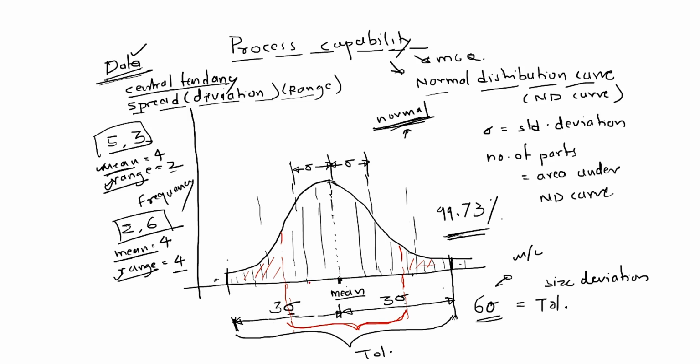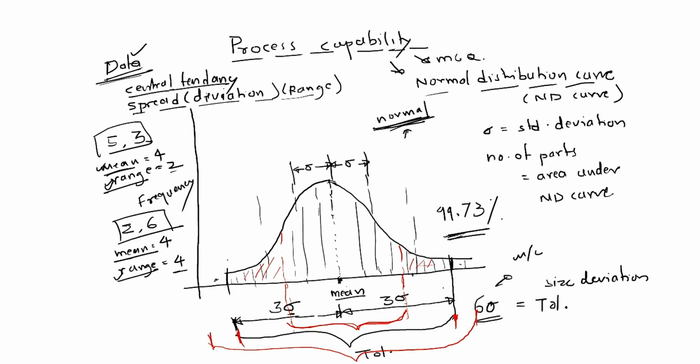That means the process capability for this machine is this value, which can produce parts having tolerance equal to or greater than this value. This machine can produce the parts which have a tolerance this way.